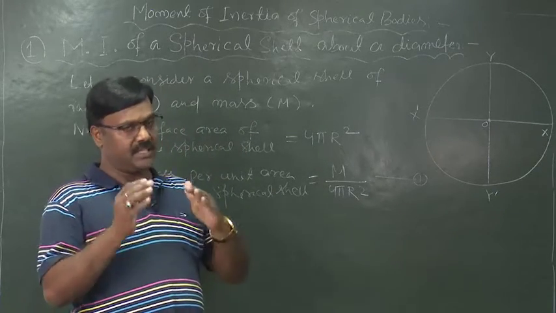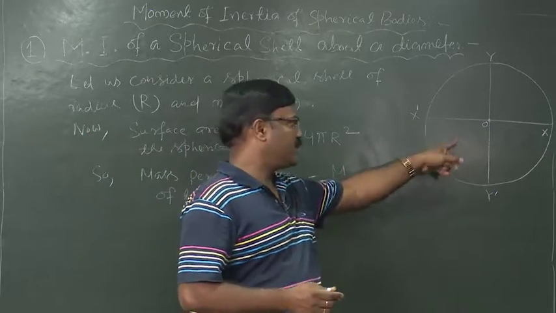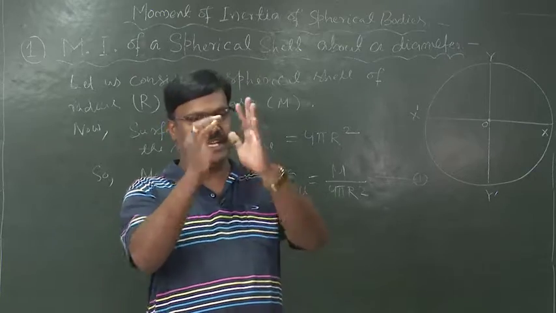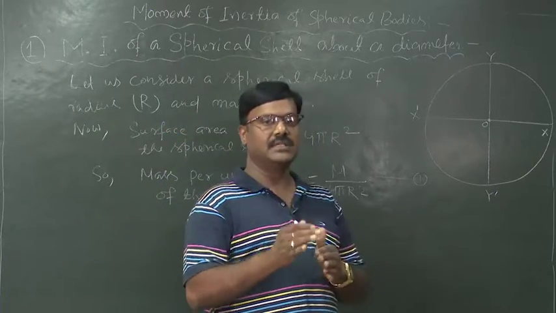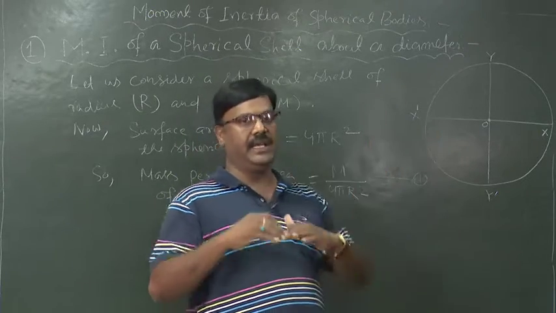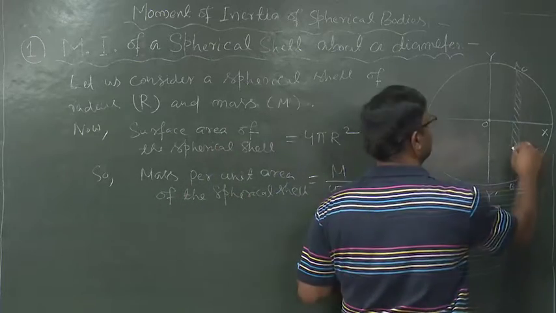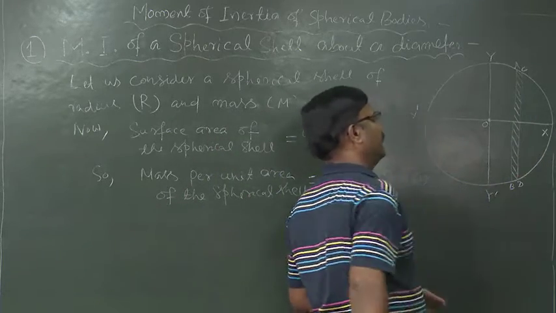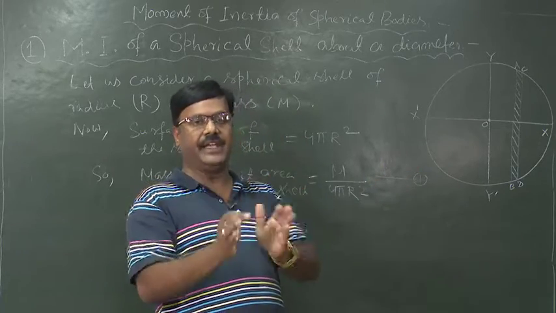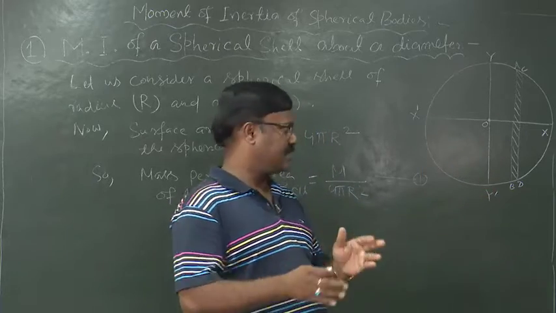Now, let us consider a small element of this spherical shell in the form of a circular ring. Let us consider a circular ring as the element of this spherical shell.